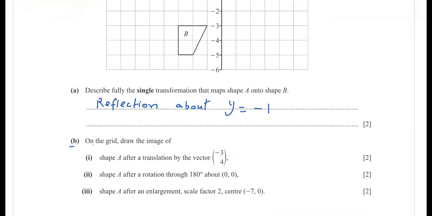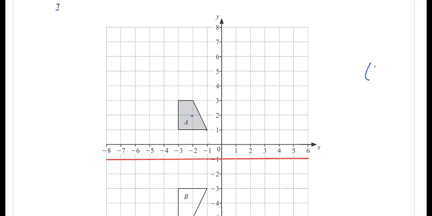Next, part B: on the grid, draw the image of shape A after translation by this vector. Now we have to translate shape A by this vector, -3, 4. In translation, just the position changes, but not the shape. If I look at the translation vector -3, 4, what does it mean?